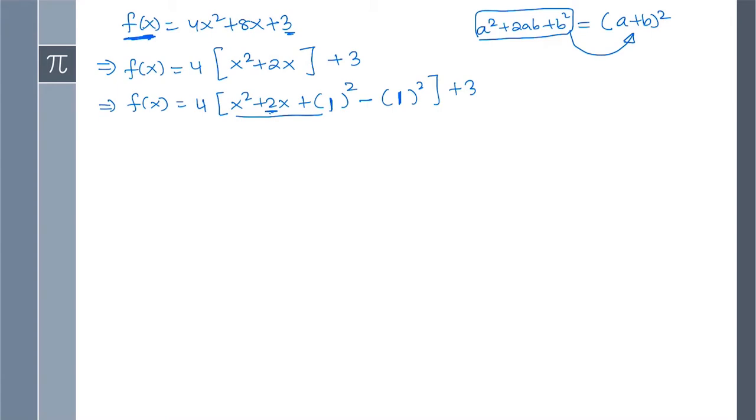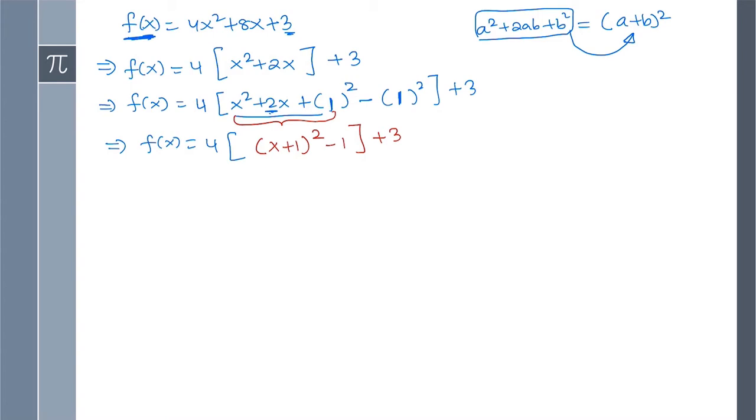So we have f of x equals 4 times, and this quantity right here we can write as (x plus 1) squared, then minus 1, and then plus 3 outside.